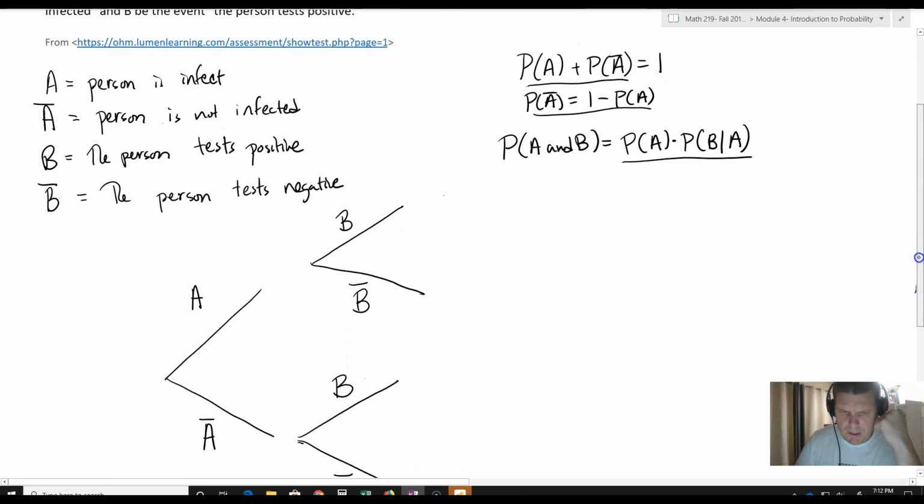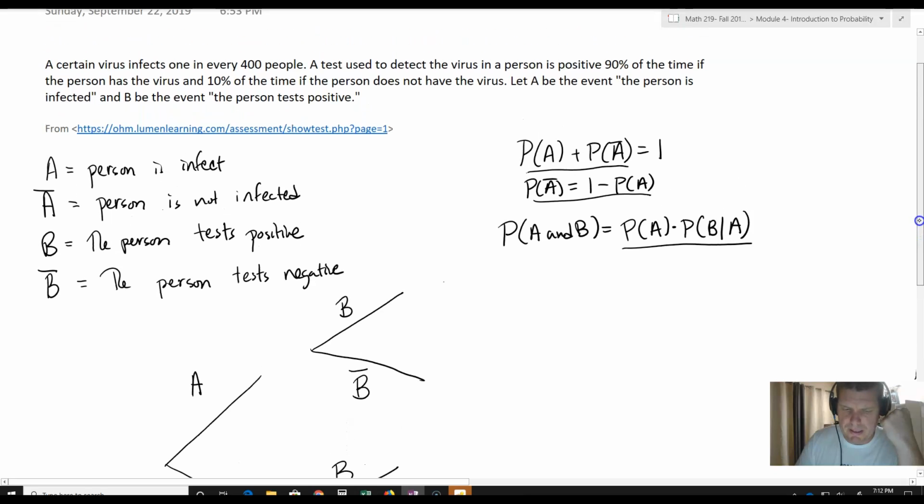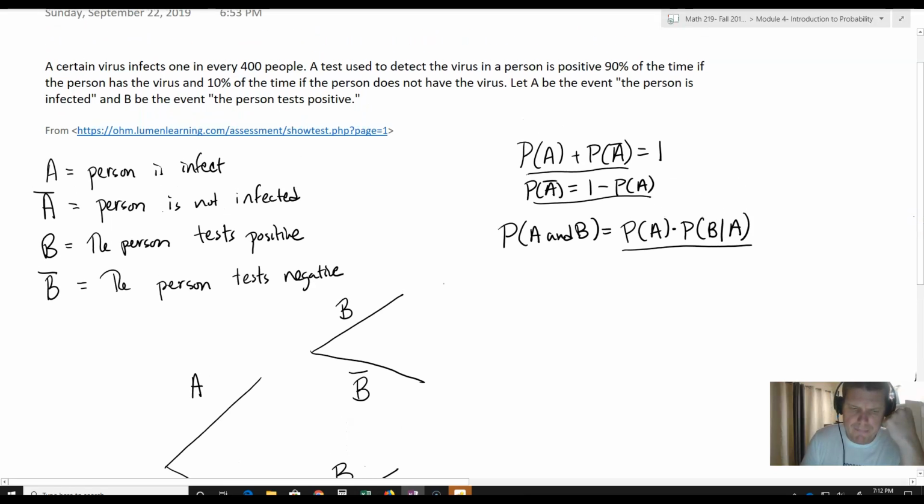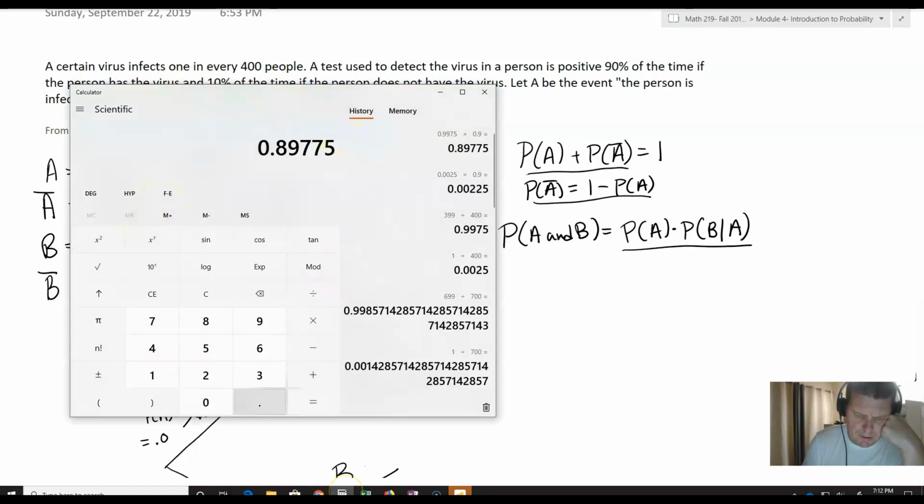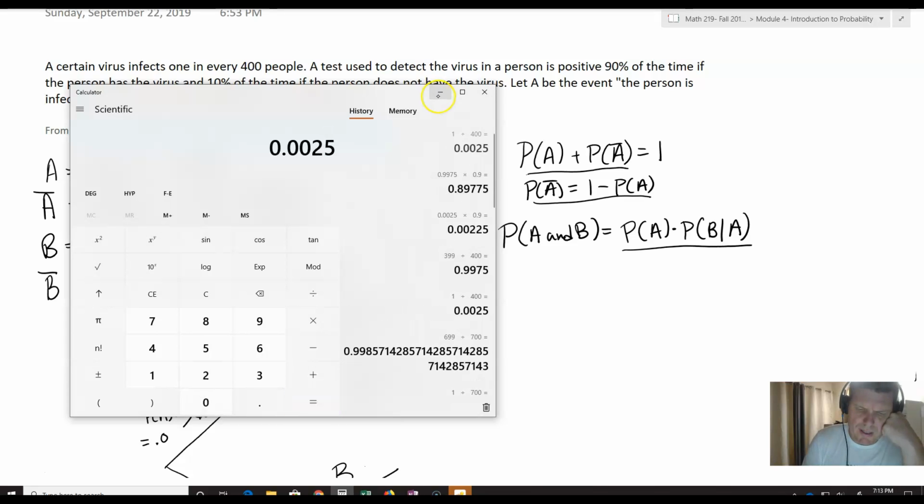Now I'm going to put in the probabilities here. Well, the probability of A: a certain virus infects 1 in every 400 people. So the probability of A is going to equal 1 in 400, which equals 0.0025.